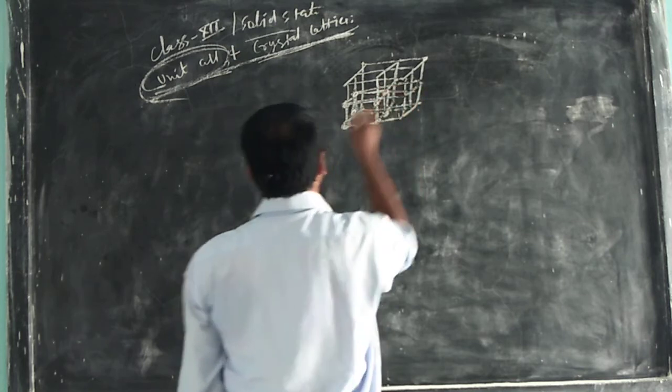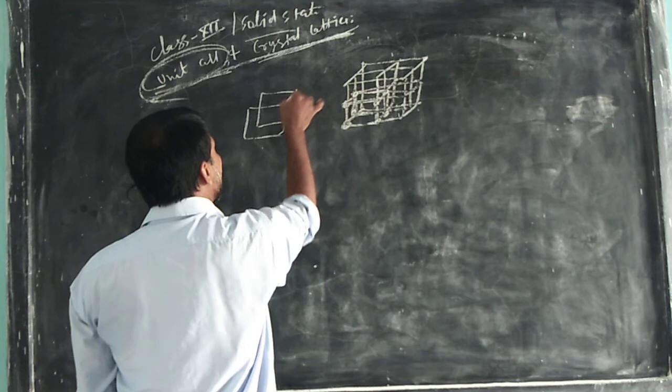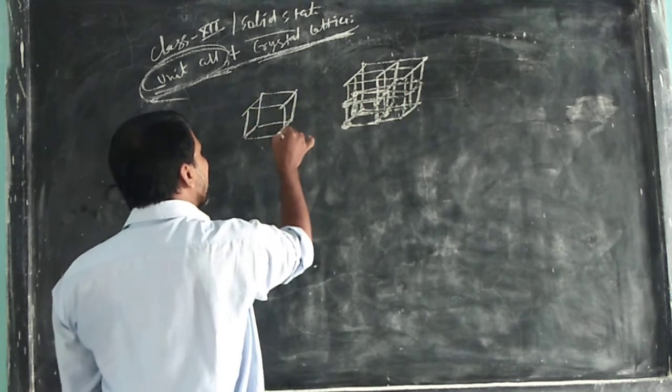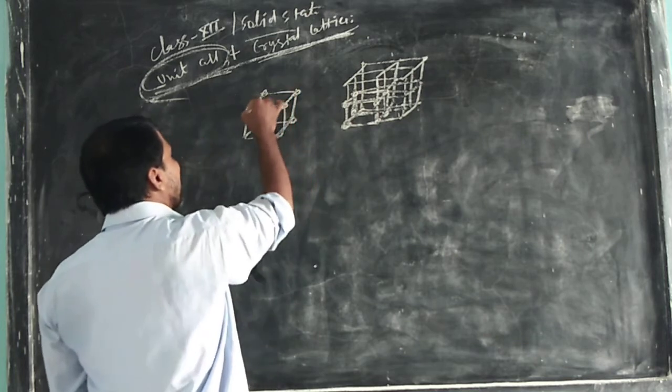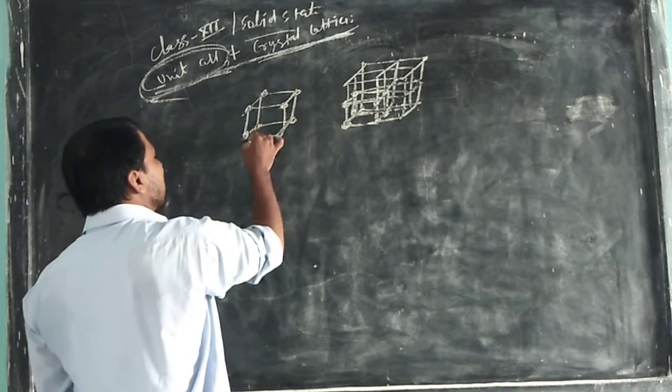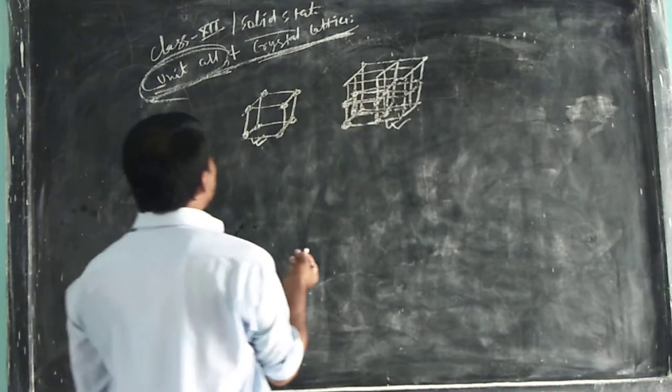It is the unit cell which is regularly repeated to form the three-dimensional crystal lattice. So, it is considered as the unit cell and it is the crystal lattice of a solid.